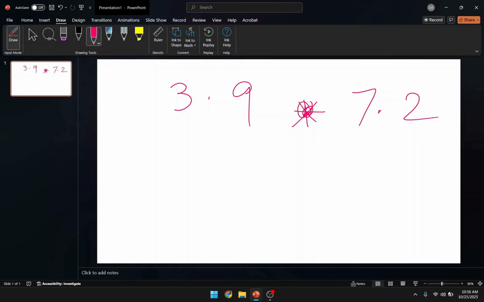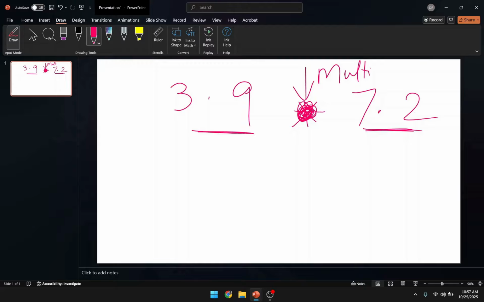In the test you will be given a dot like this, a big dot. It is not a decimal, it's multiplication. So you are multiplying 3.9 and 7.2, right?